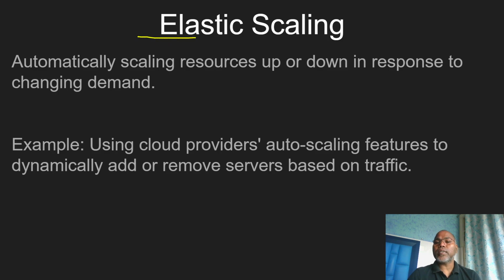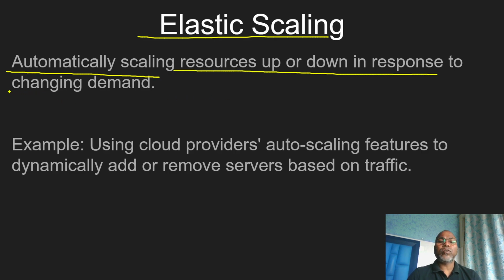So what do we mean by elastic scaling? Automatically scaling resources up and down in response to changing demand. Nowadays almost all the big cloud providers offer the auto scaling concept.